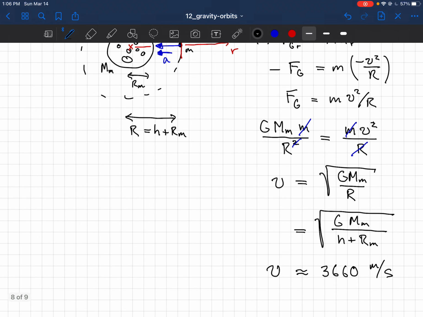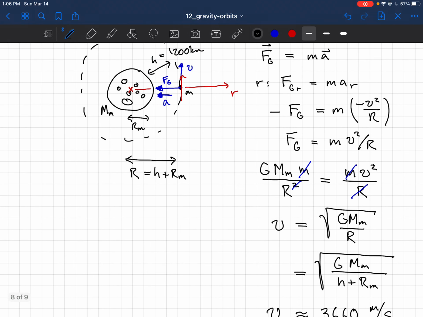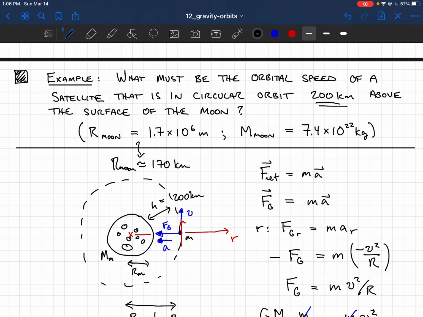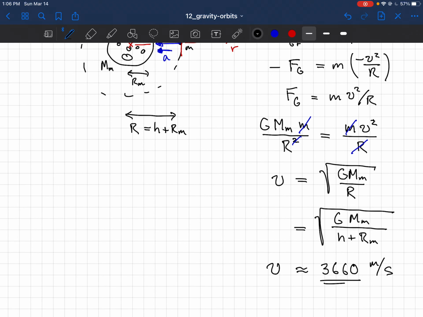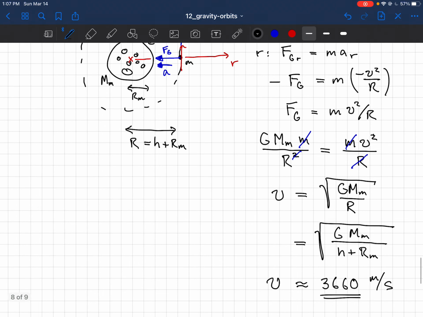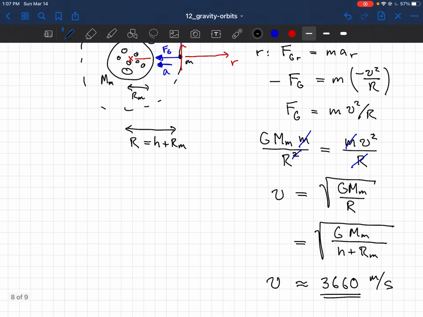So if you send a satellite up there around the moon, and it has an orbit of 200 kilometers above the surface of the moon, then it must be traveling with exactly this velocity, almost 4,000 meters per second, or about 3 kilometers per second. Let's figure out what the time is for it to go around. So the period of its orbit is related to its speed by, well, v is equal to distance over time.